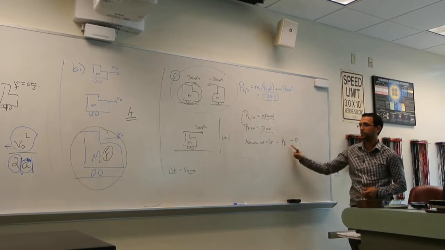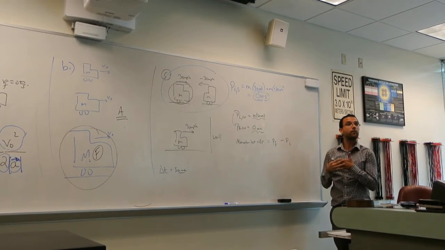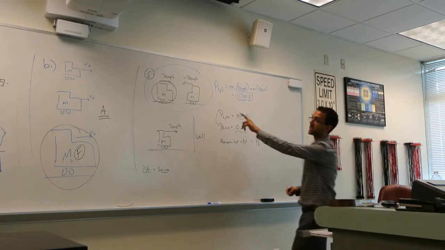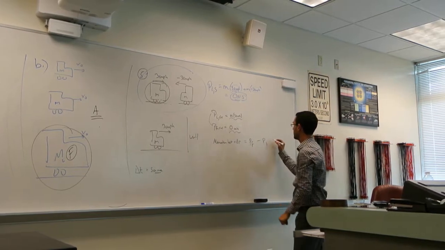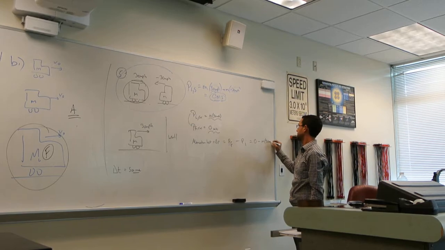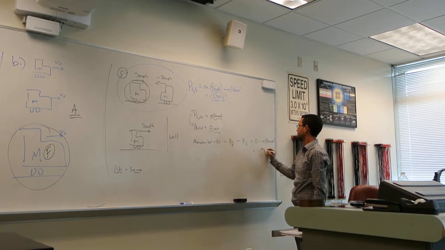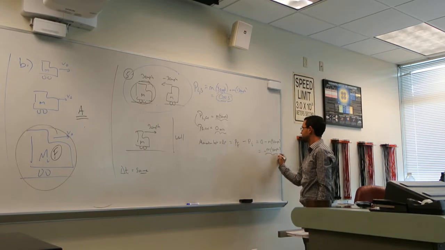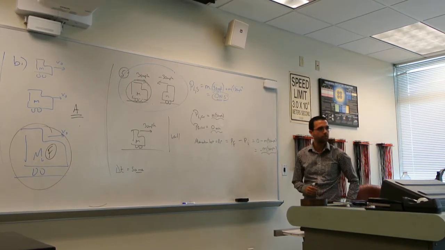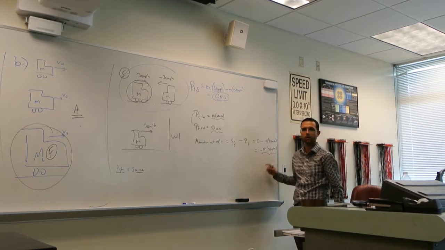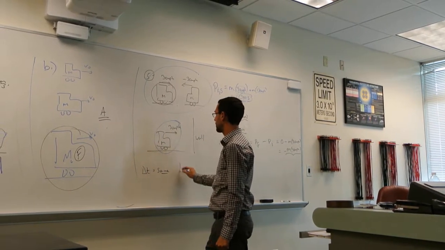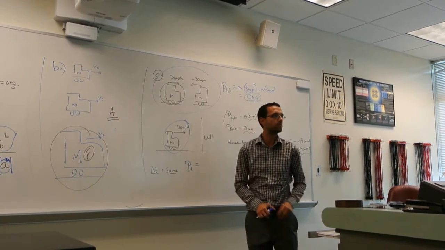Does everybody agree? Here I'm not adding, I'm just finding the difference in momentum during this process for this object. It lost momentum. So it's P final, which is 0, minus P initial, which is m times 30 miles per hour. So does everybody agree that I've lost this much momentum? Mass times 30 miles per hour. Of course, 30 miles per hour needs to be converted into meters per second, but I'm just going to leave it like this because that's not important. Now in this case, how much momentum do I start with before I collide with the wall?